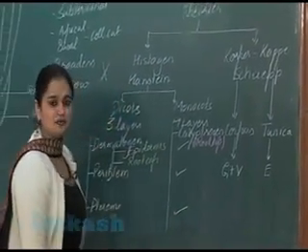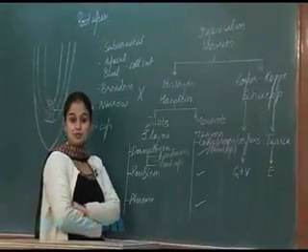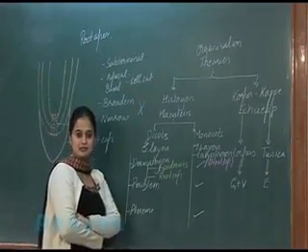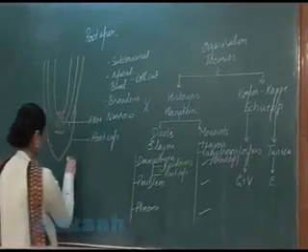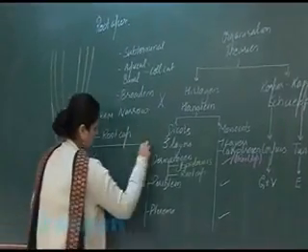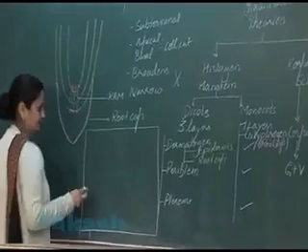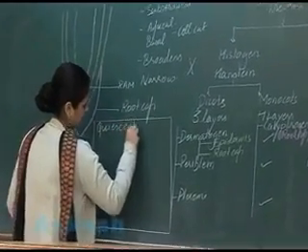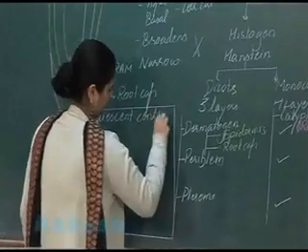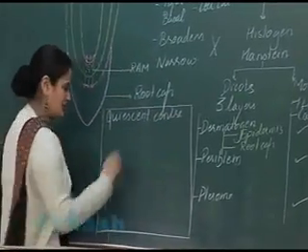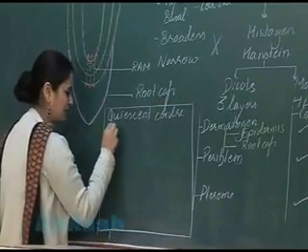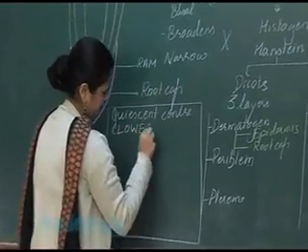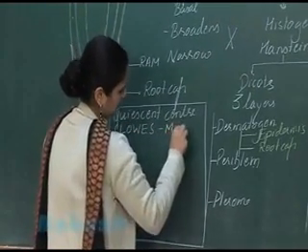Now, after this, I would like to introduce one term here, that is quiescent center. Quiescent center in the root apex was first discovered by Clowes in maize.